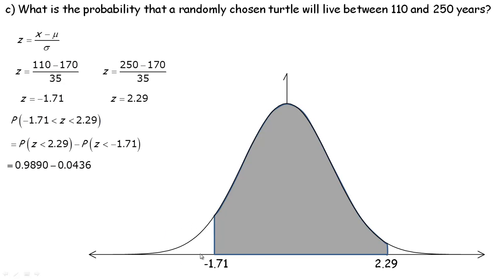We don't want to include this. That's why we're going to subtract the 0.0436. See, this actually has an area of 0.0436. We don't want to include that because we're just between the negative 1.71 and the 2.29. So that's why we subtract them. And so we get 0.9454. So about 94.5% of the turtles will live between 110 and 250 years, which certainly is most of them by far. And that's the end of the tutorial.